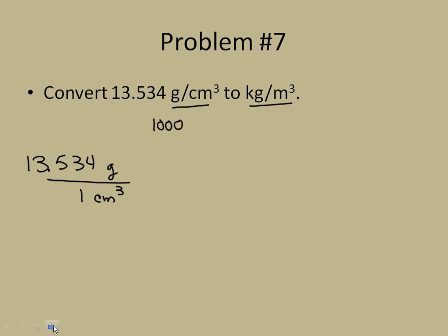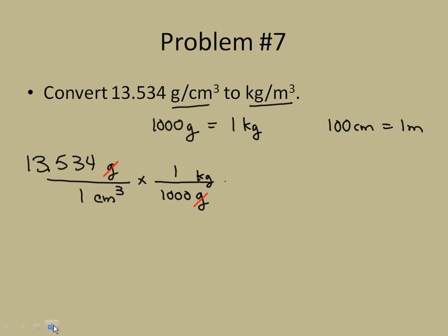That's on your blue sheet. And as we just worked with, there's a 100 centimeters in 1 meter. So, let's change grams to kilograms. Kilograms on top, grams in the denominator, 1,000 with 1 on top. That takes our grams, change them to kilograms.